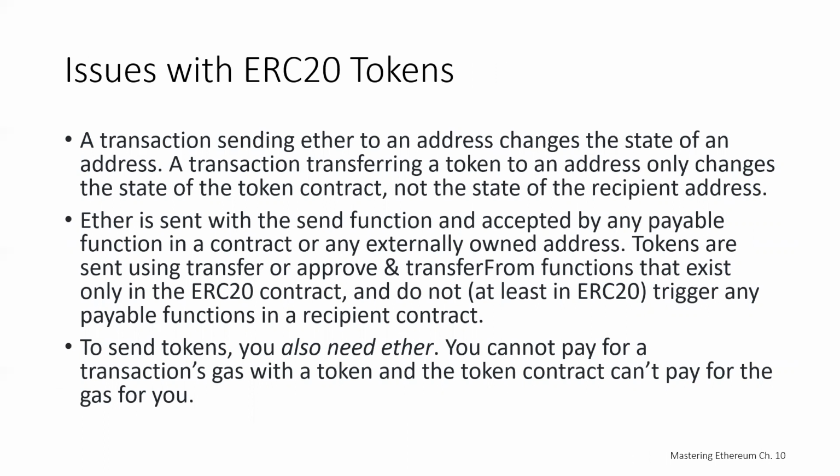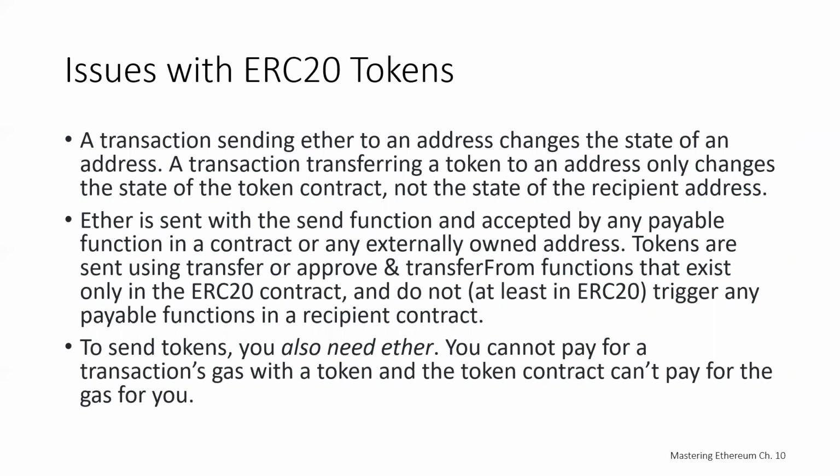So let's talk about some of the issues with ERC20 tokens. One of the issues is that if a user incorrectly attempts to transfer ERC20 tokens to a contract address that's not equipped to receive them, then the tokens are going to be lost.